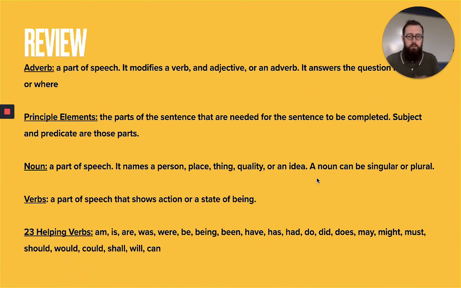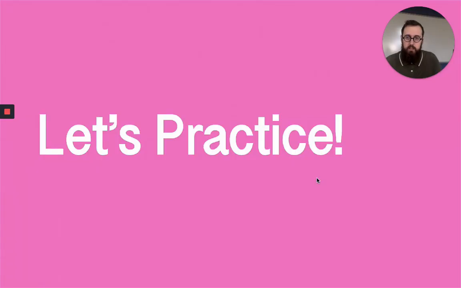These words will always be helping verbs. Am, is, are, was, were, be, being, been, have, has, had, do, did, does, may, might, must, should, would, could, shall, will, and can. So let's go ahead and jump in and do some practice.